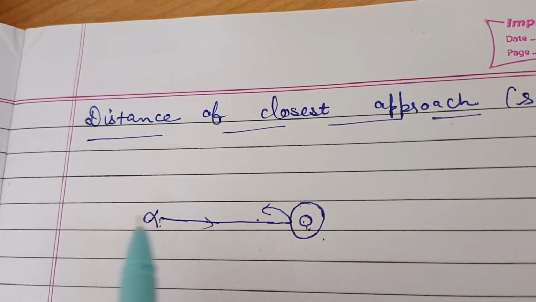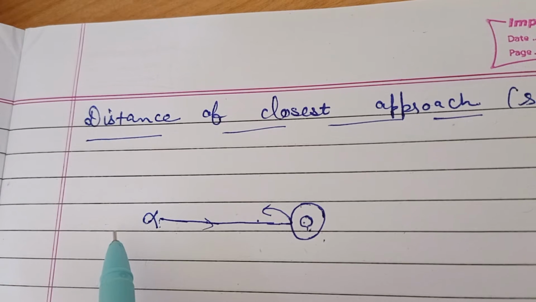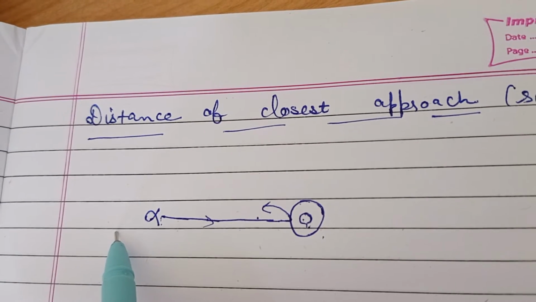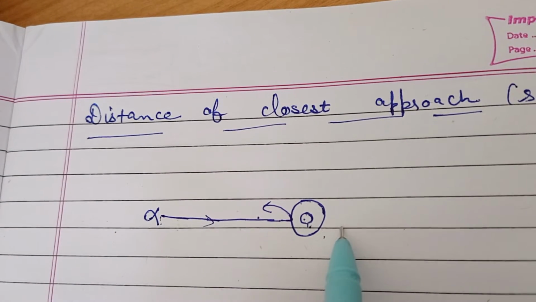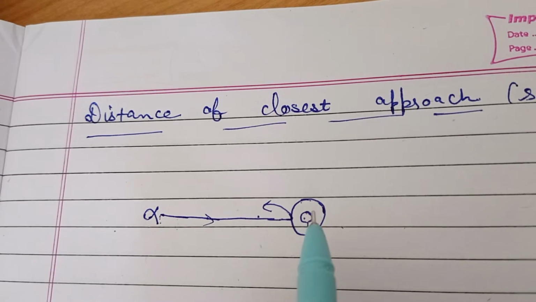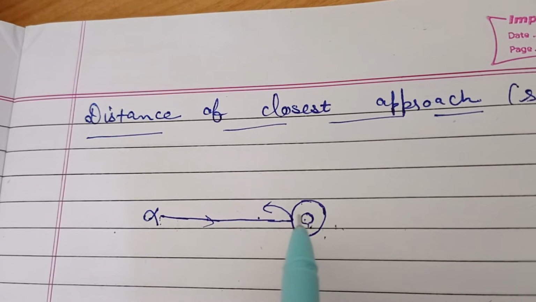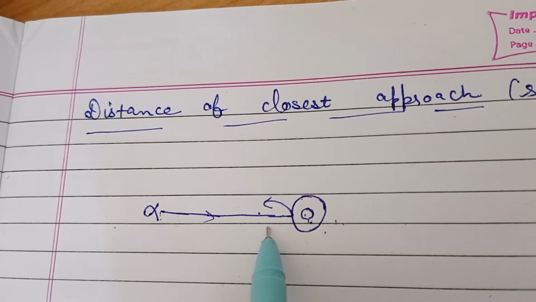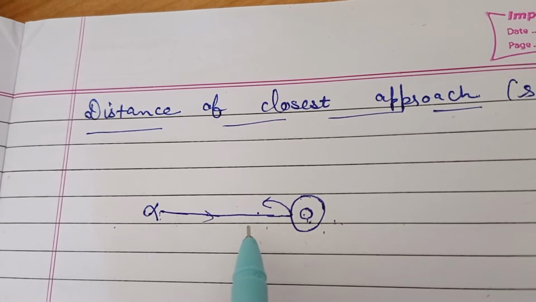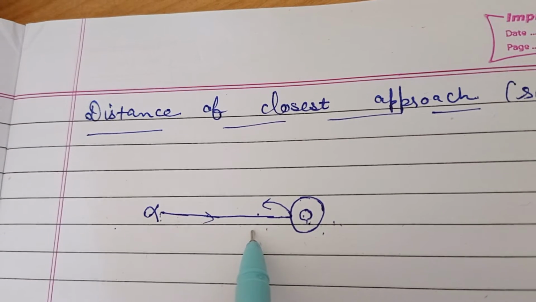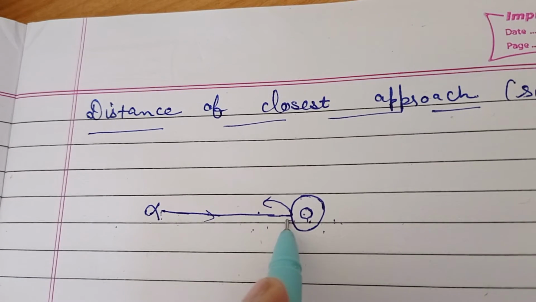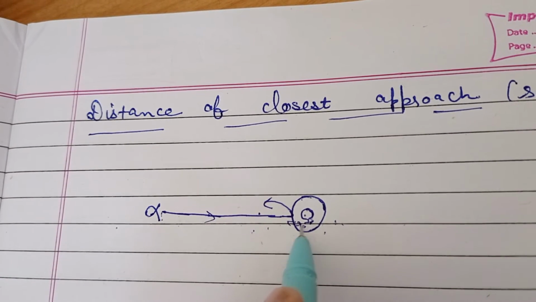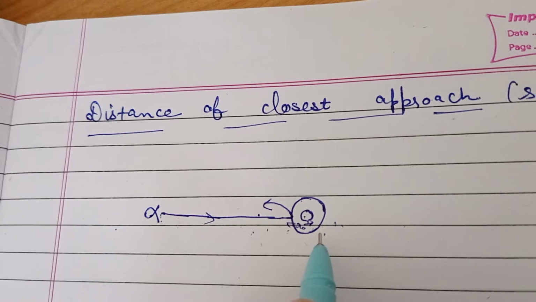The minimum distance of the alpha particle from the nucleus on which it is incident is known as the distance of closest approach.